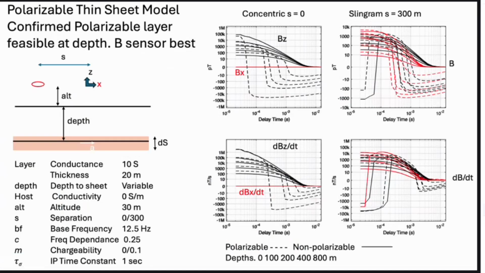So we ran a batch of models. They confirmed that a polarizable thin sheet could be detected, with our system up in the air with a separation S, either 0 for coincident loop or 300 meters for a sling-ram type geometry. With the system at some altitude, we've put a conductive layer at depth, potentially polarizable. On the left is the B field, and at the bottom dBdt.